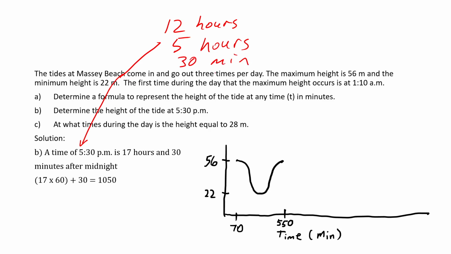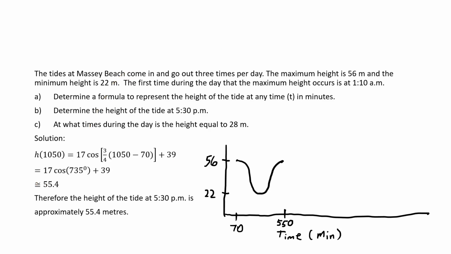So this is a total of 17 hours plus 30 minutes. 17 hours is 17 times 60 minutes. Also add that 30 minutes, and we're at 1,050 minutes after midnight. So that's going to be our t value. We plug in 1,050 for t, make sure our calculator's in degree mode, do our calculations, and we get 55.4. So we can say the height of the tide at 5:30 p.m. will be approximately 55.4 meters.